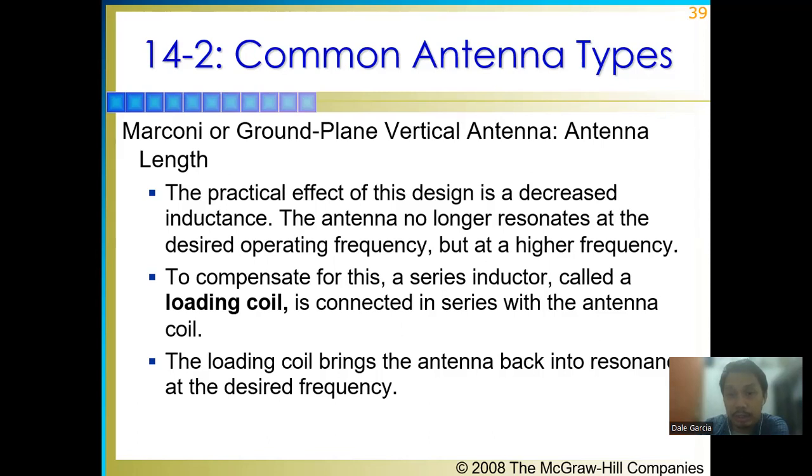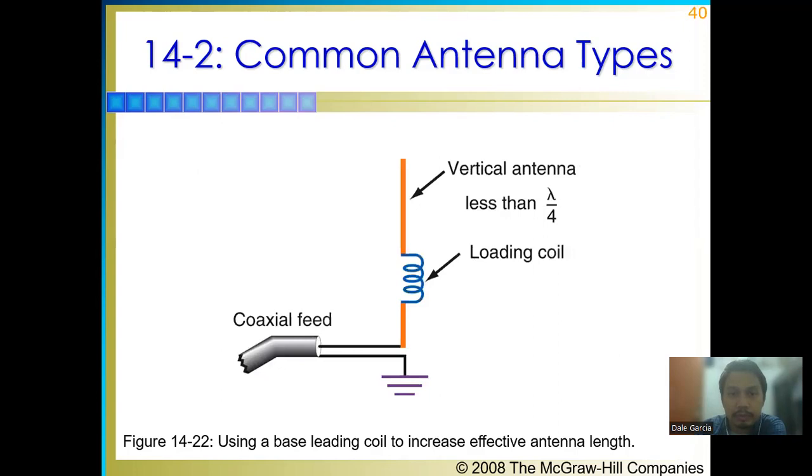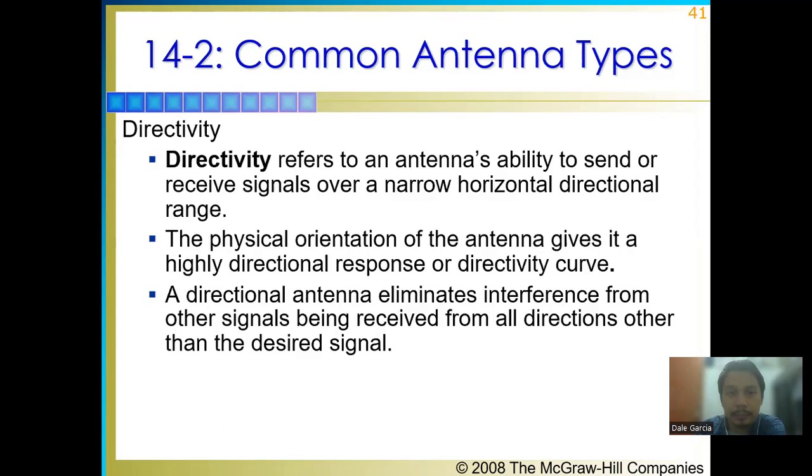The antenna no longer resonates at the desired frequency, but at a higher frequency. So to compensate, we use a loading coil. It is a common way to mitigate the problem. Here, you add it somewhere along that 1/4 segment of the antenna.